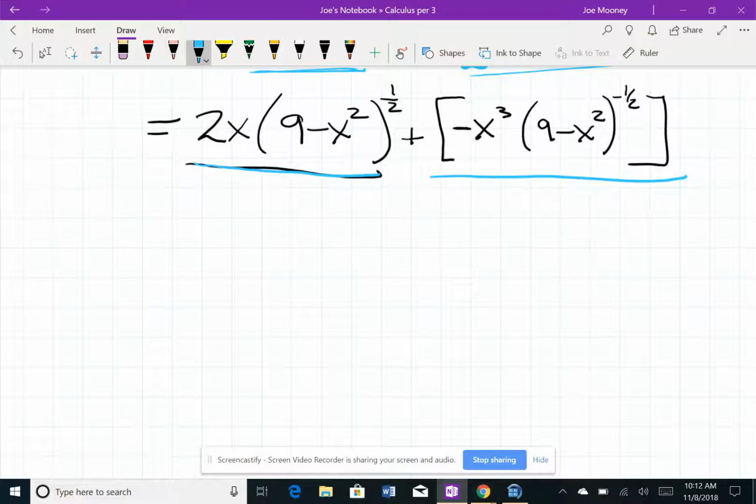And you say to yourself, well, I'd pull out the x because that's the greatest common factor. So it's the least power. So let's pull everything out that's least power.